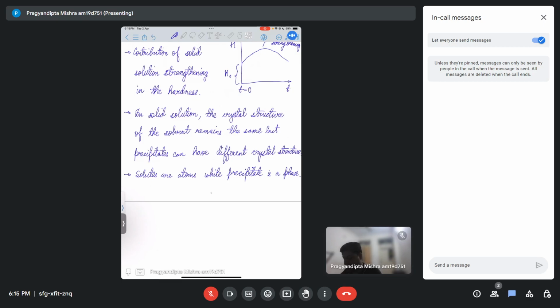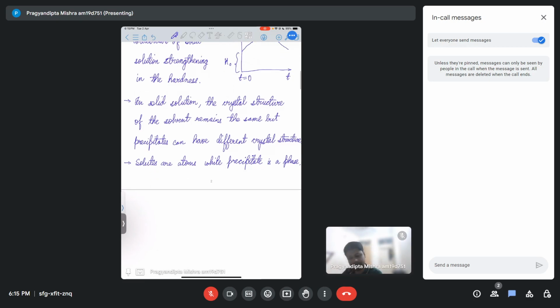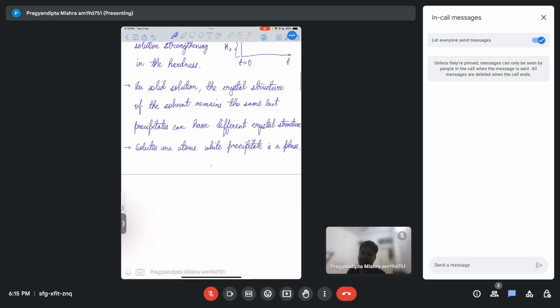Solutes are atoms, while precipitate is a phase. So I think we are clear on the difference between precipitate strengthening and solid solution strengthening now.